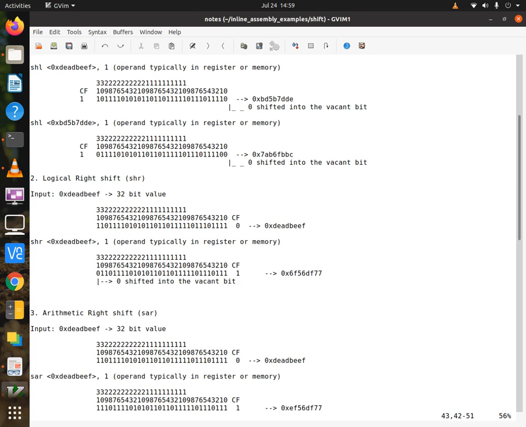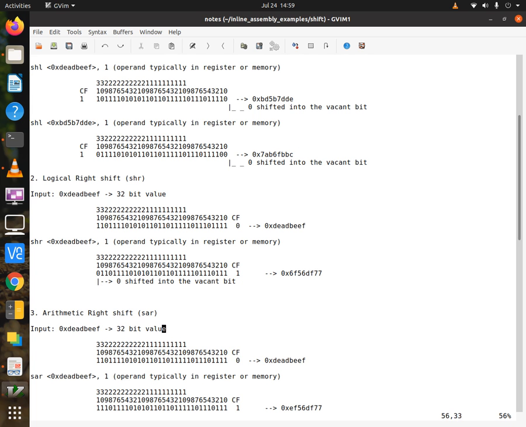Once we do a right shift on this operand with a count of 1, the least significant bit gets shifted out into the carry flag. So at the completion of the shift, you see that the carry flag has a value of 1. The rest of the bits all get shifted one place to the right. That leaves a vacant position in the most significant bit, and a 0 gets shifted into the vacant bit.